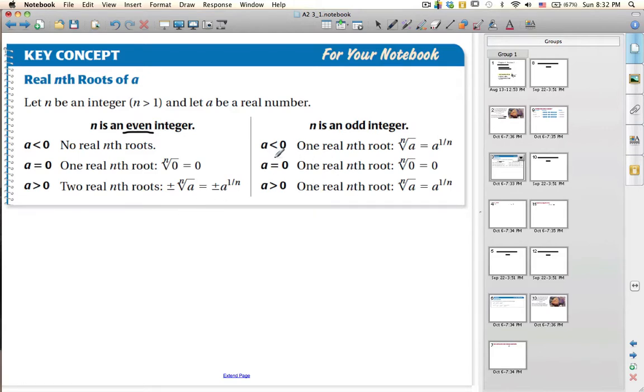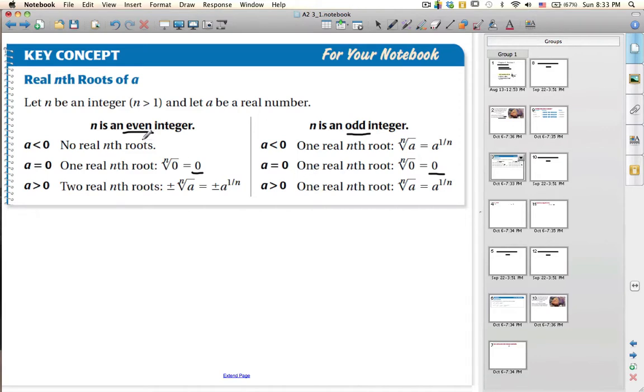However, if it is a negative number and it has an odd index, third root, fifth root, then there is actually a single solution. When a is equal to 0, there is one real nth root, and that is 0. And it's the same when my index is odd. So even and odd, that one makes no difference.